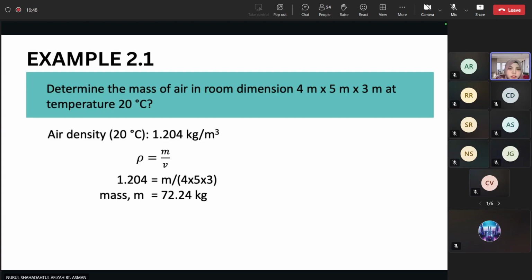We get the mass as 72.24. Then we find the weight, which equals mass times gravity, to get 708.67 Newton, or 0.7 kilonewton. This is an example of a direct question. In your final or your test, it is not going to be a direct question like this.